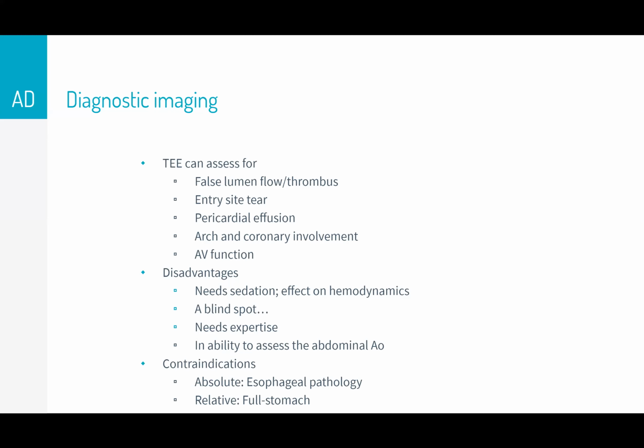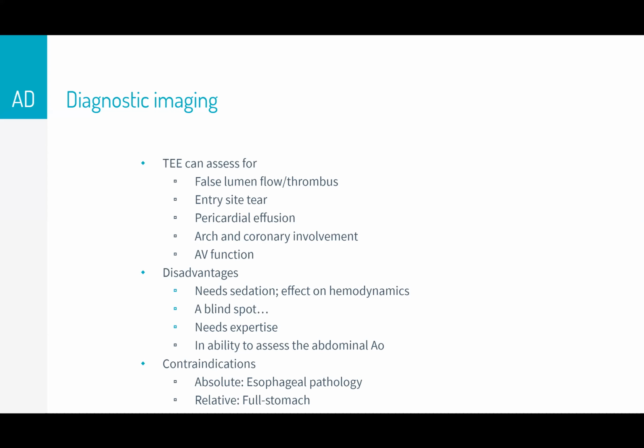The disadvantage is that it needs sedation, and that sedation or the annoyance that happens to the patient due to introduction of the esophageal probe can affect the patient hemodynamically, either by raising the blood pressure, which is very bad for patients with aortic dissection, or, in patients who are unstable, by causing hypotension.